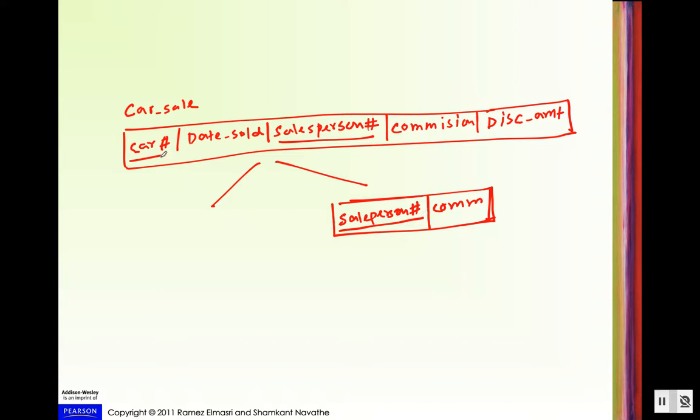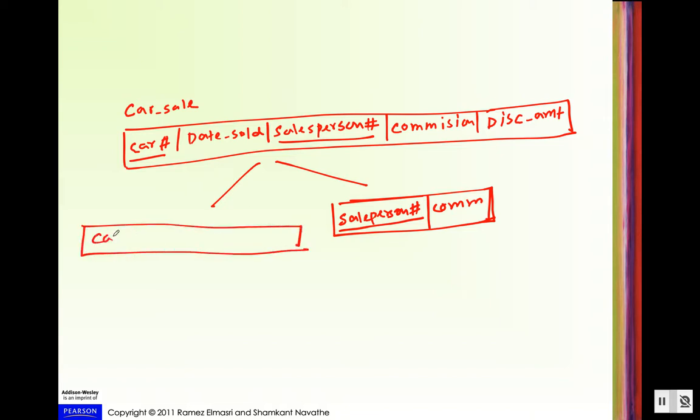Then I am going to have another relation where I store the original primary key. There is no other functional dependency that violates second normal form, so I'm going to have only one more relation.